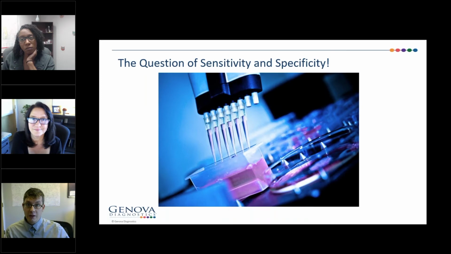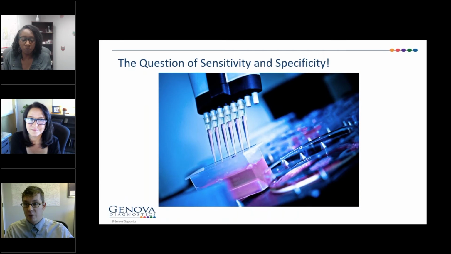So an example would be the C. difficile enzyme immunoassay, the EIA for C. difficile. The question then becomes, how good is it at determining whether somebody has C. diff or not? And so what we do is we take patients who we know have C. diff infection, and then we compare the C. diff EIA test, and then we say, okay, 99% of the time when the patient has C. diff that we know of, it was positive, and then vice versa for specificity.